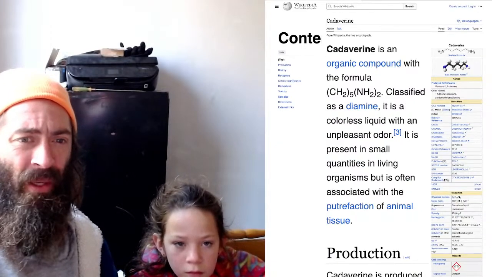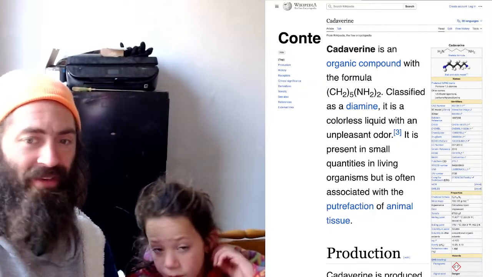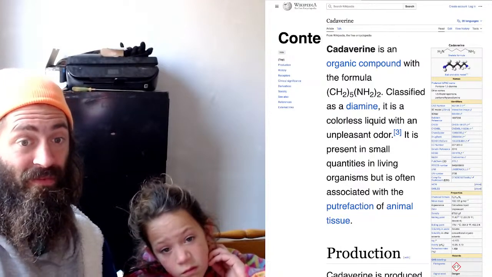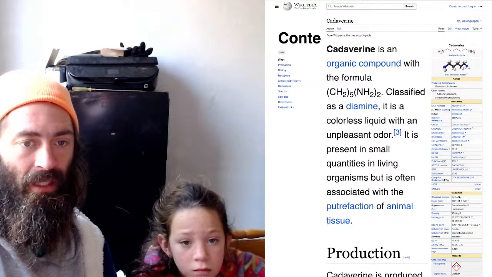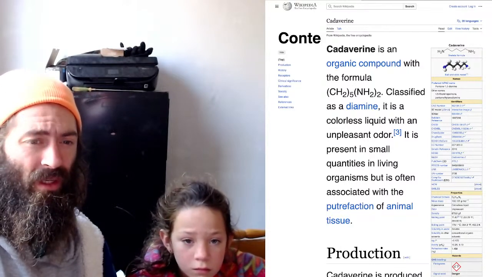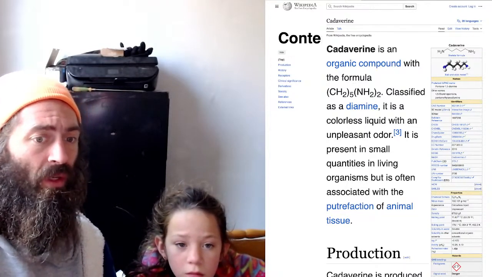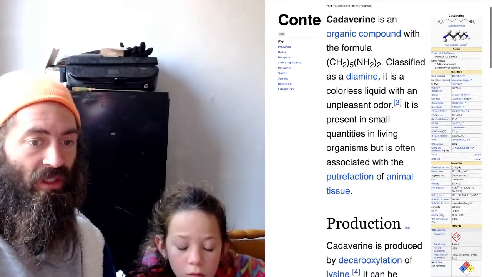Cadaverine is an organic compound with the formula, I haven't done chemistry in years, so I don't even know how to read this, CH2,5NH2,2, classified as a diamine. It is a colorless liquid, so cadaverine is a liquid, with an unpleasant odor. It is present in small quantities in living organisms, but is often associated with the putrefaction of animal tissue.